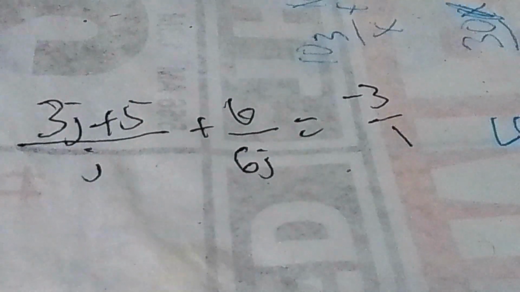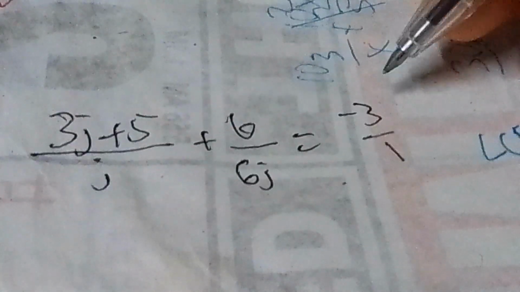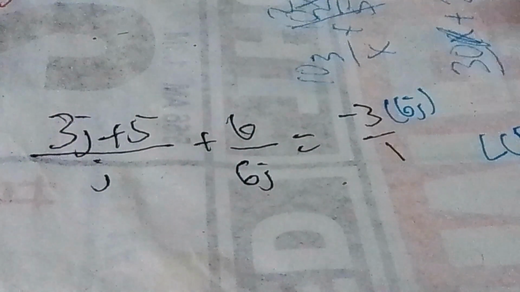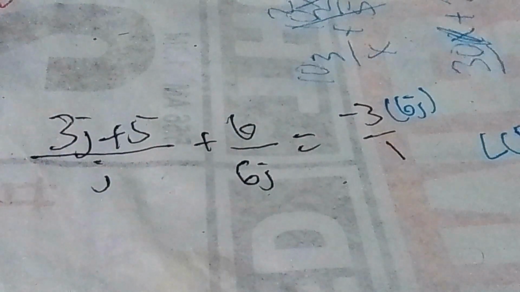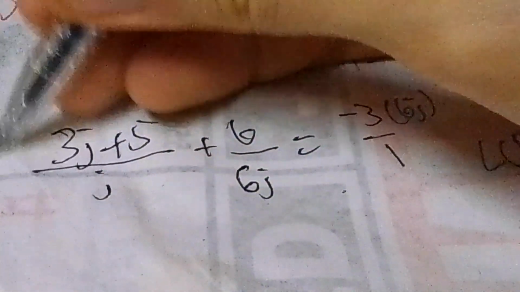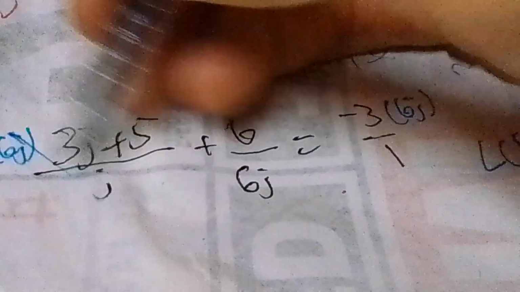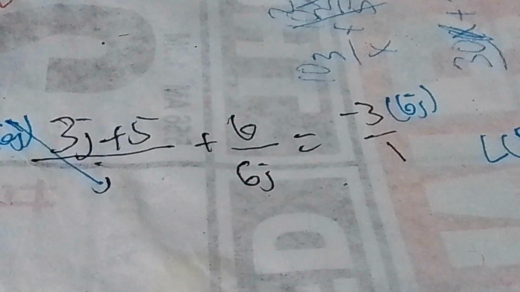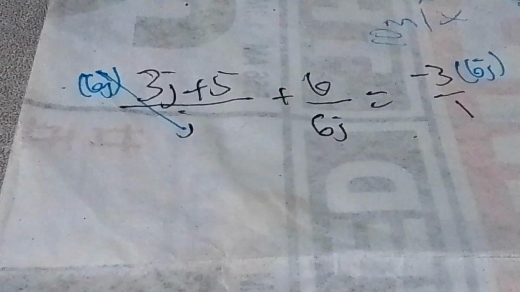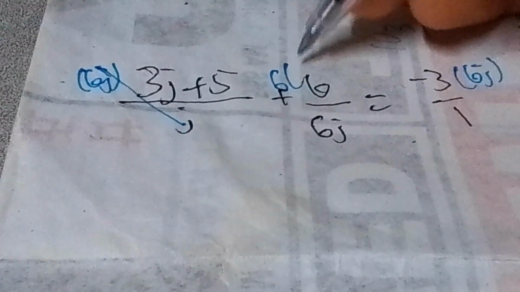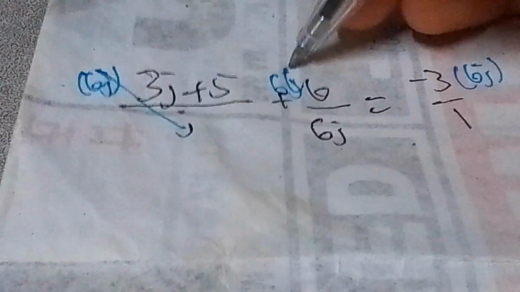Now, let's multiply everything by 6j. Remember we have 6j here. It will be multiplied to negative 3. Multiplying this side by 6j, the j's will cancel. Goodbye, j. You're just going to be left with 6. On the other hand, in the center, the 6j cancels out.